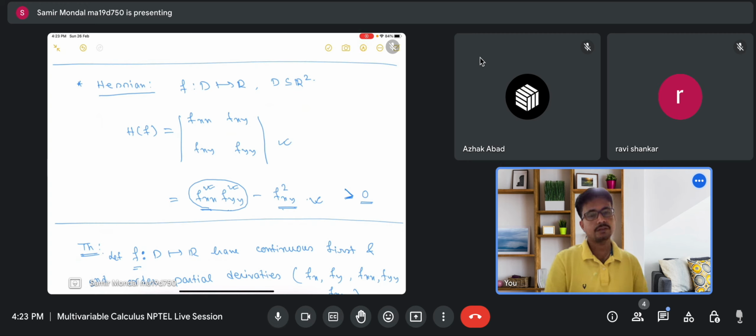If one is positive and one is negative, then the whole quantity will be negative. So when we assume the Hessian is strictly greater than 0, f of xx and f of yy must both have the same sign, so checking f of xx is enough.